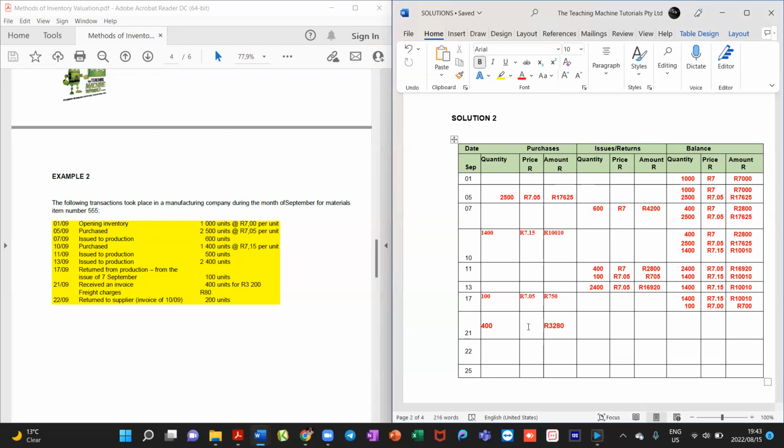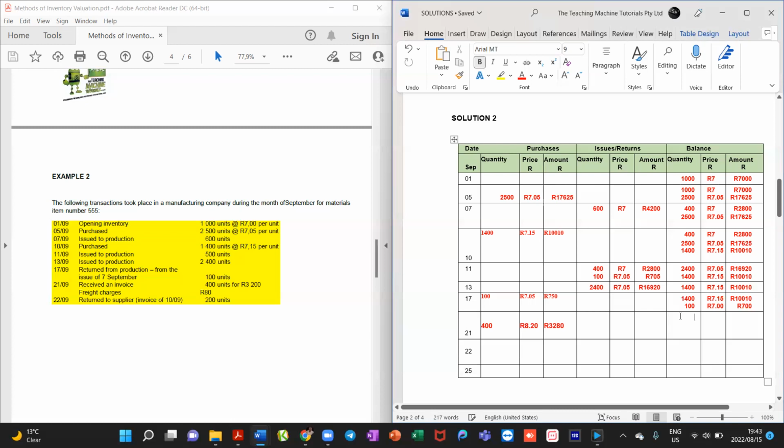So how much is 3,280 divided by 400? 8.2. We can put a 0 there. 8 rand point 20.